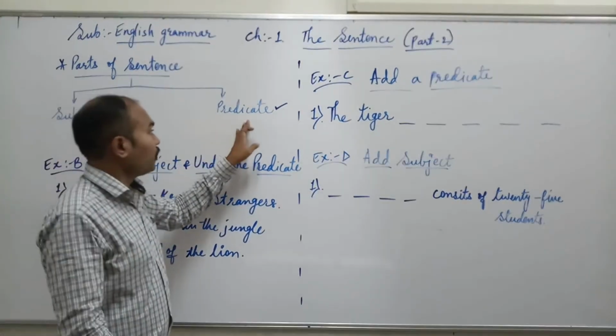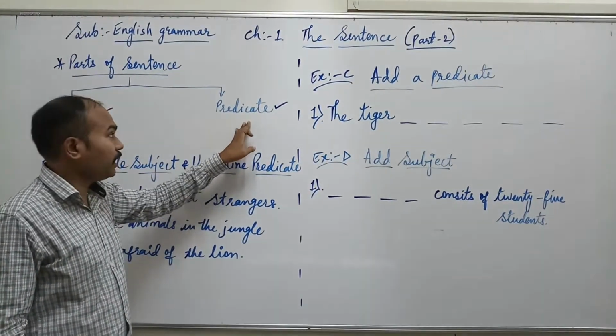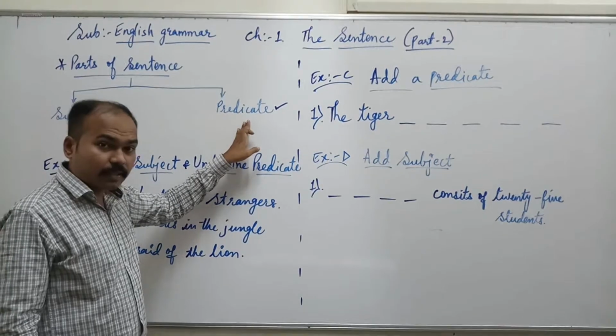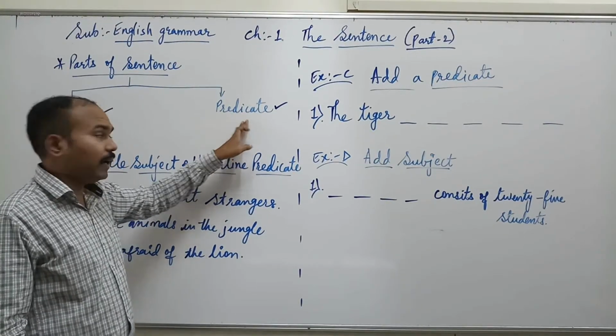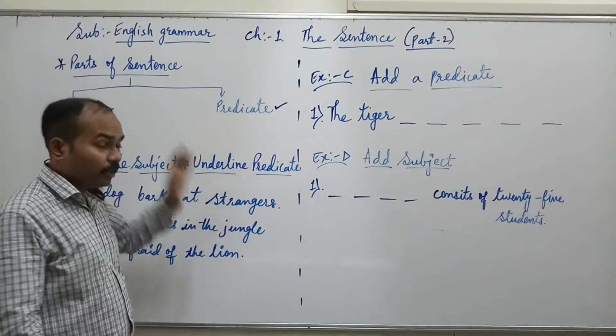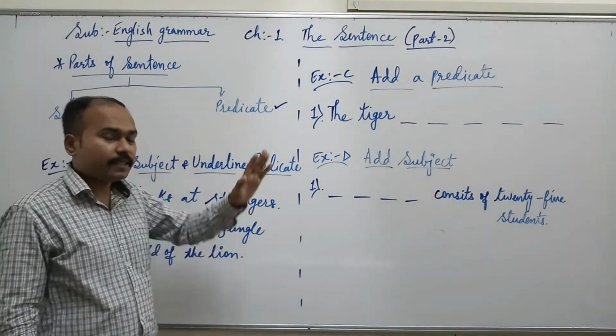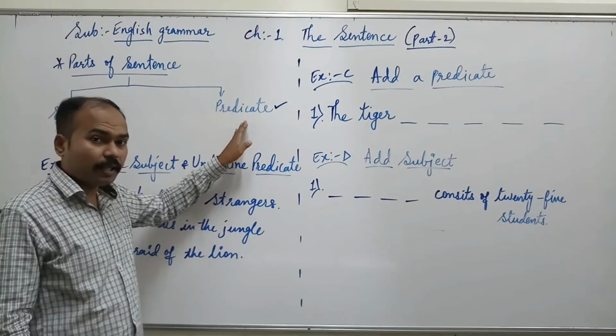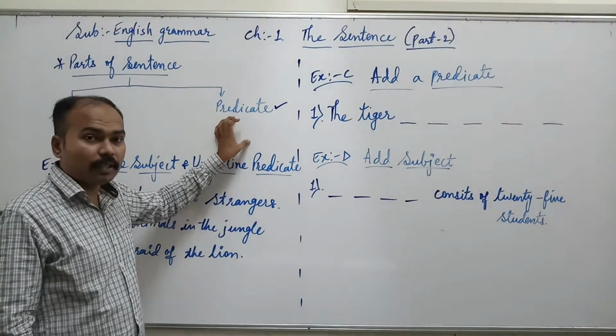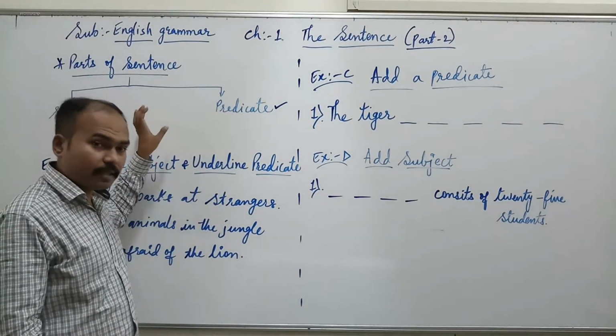Now let us move forward towards predicate. What is predicate? Predicate tells us the action done by the subject. Subject ने जो action किया है, we will recognize it with the help of predicate. From predicate we know the action done by the subject.